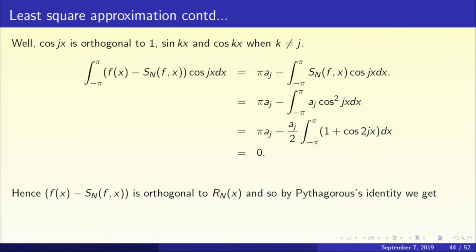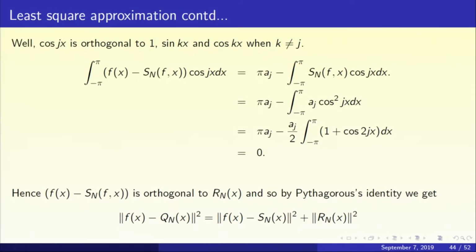And what do you get? The cos 2jx term integrates to sin 2jx upon 2, but when I put the limits minus pi to pi, it is 0. So what survives is the first term. So you get pi aj minus aj by 2 into 2 pi, that becomes 0. So we have verified that f(x) minus Sn f is orthogonal to cos jx, and this is true for all j equal to 1, 2, 3 up to n. Similarly, you can check that f(x) minus Sn f(x) is orthogonal to sin jx for j from 1 to n. It is also orthogonal to 1.